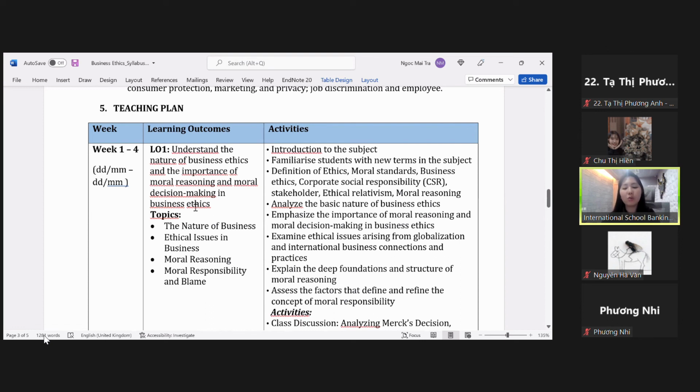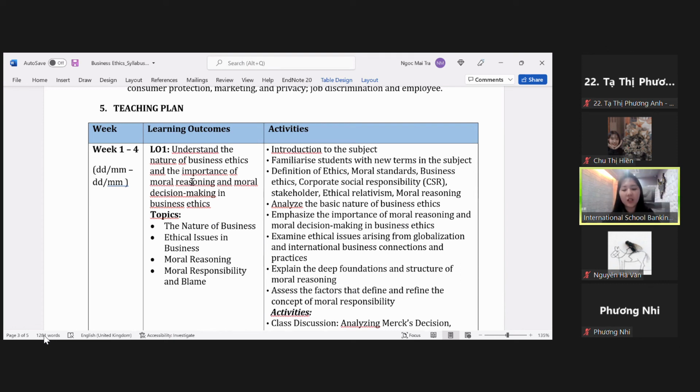So you will be able to identify what business ethics is, what an ethical situation is. You will identify the ethical situation, and then you use moral reasoning to analyze that situation. And your moral reasoning must be based on different fundamentals.